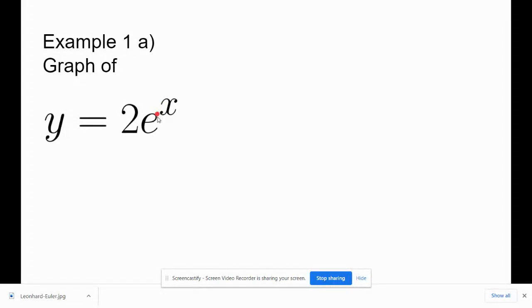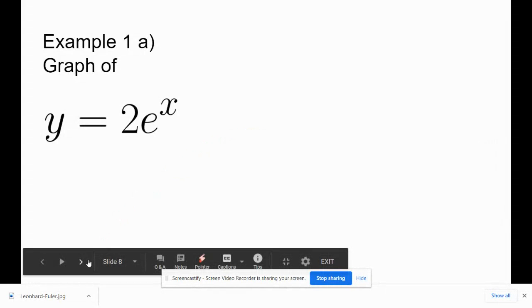So we know that y equals e to the negative x is exponential decay. It goes down to the right, like that. If I put a 2 in front of it, that is going to make it decrease at a quicker rate. But as we go towards negative infinity on the x-axis, it's going to increase at a quicker rate.